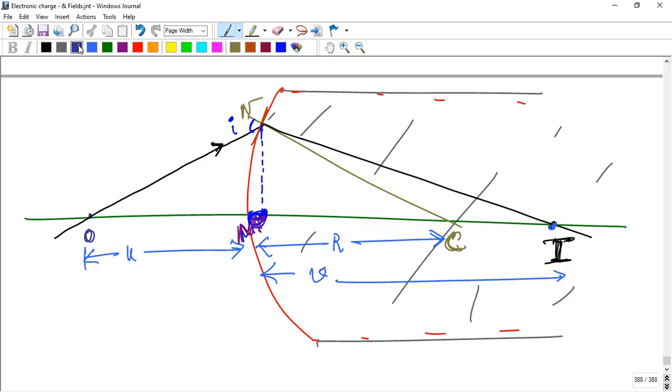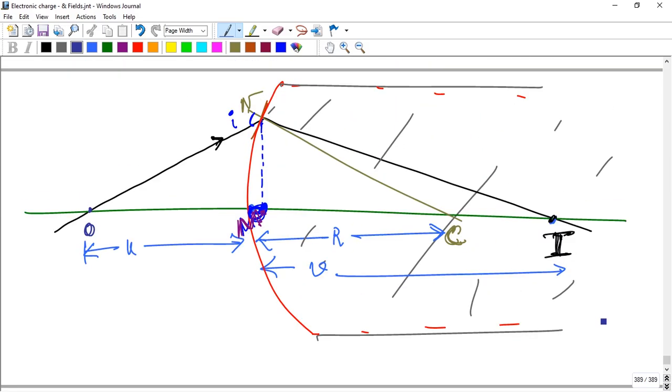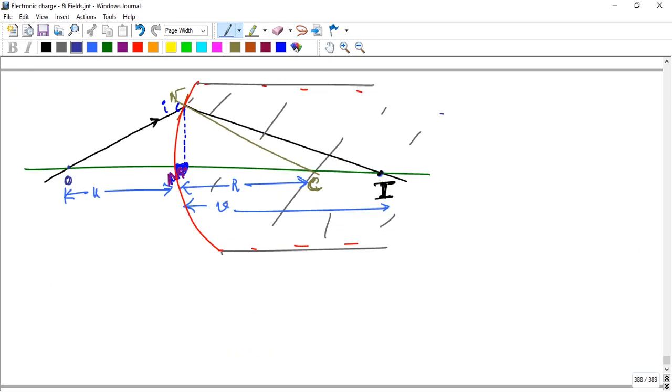Alright. Okay. Now let's see the diagram and calculation here. Now we see the first triangle is NOM, and tan of angle NOM, because NOM is a right angle triangle, is equal to perpendicular NM by base, the base is OM.